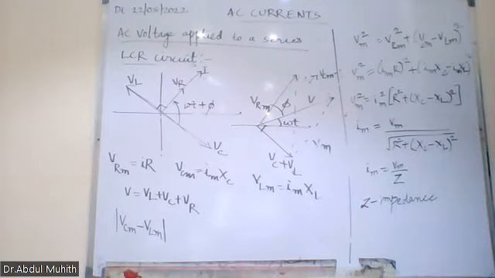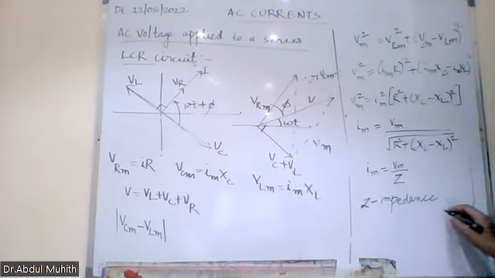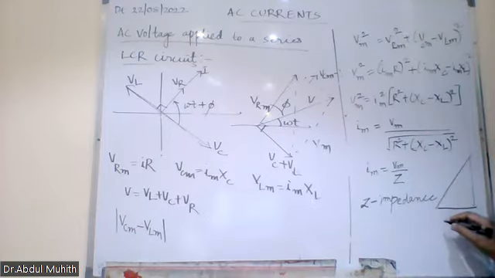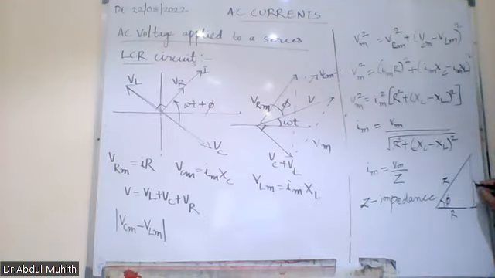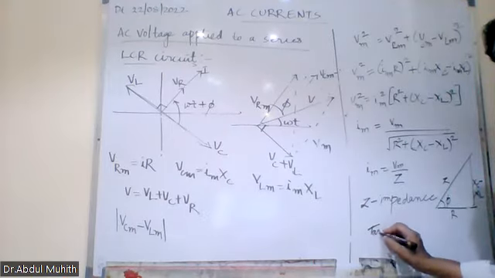I as a phasor is parallel to VR. Now the combined thing is like a right angled triangle, and this is phi, this is R, this is Z, and this is XC minus XL. Is that clear? Now take tan phi.